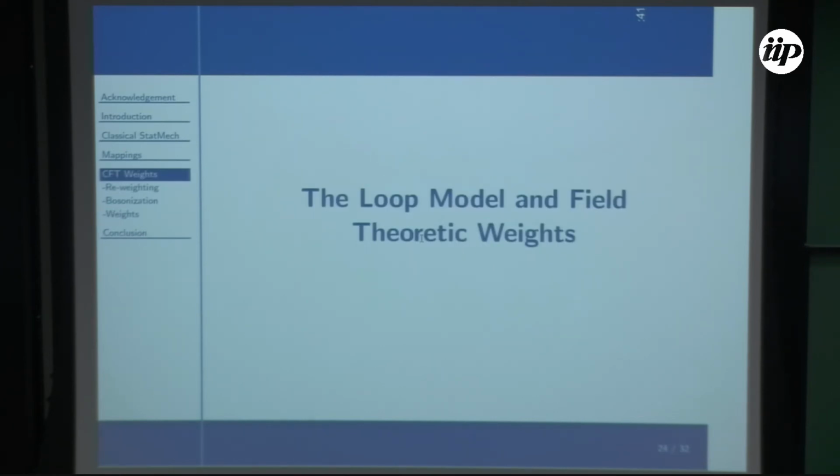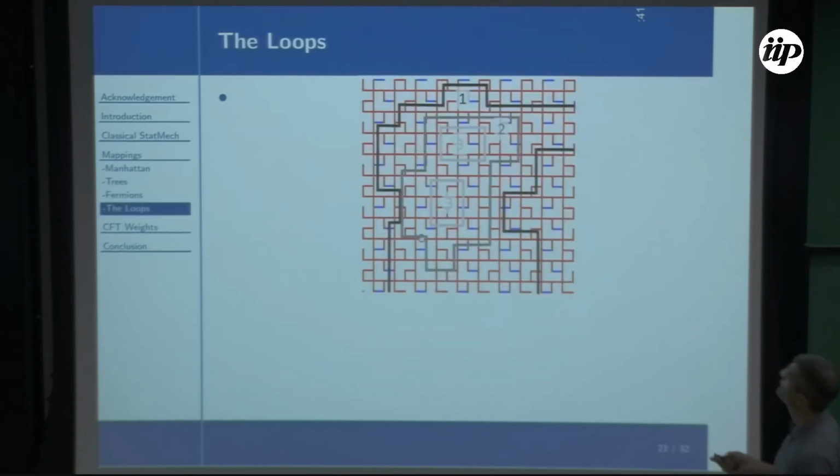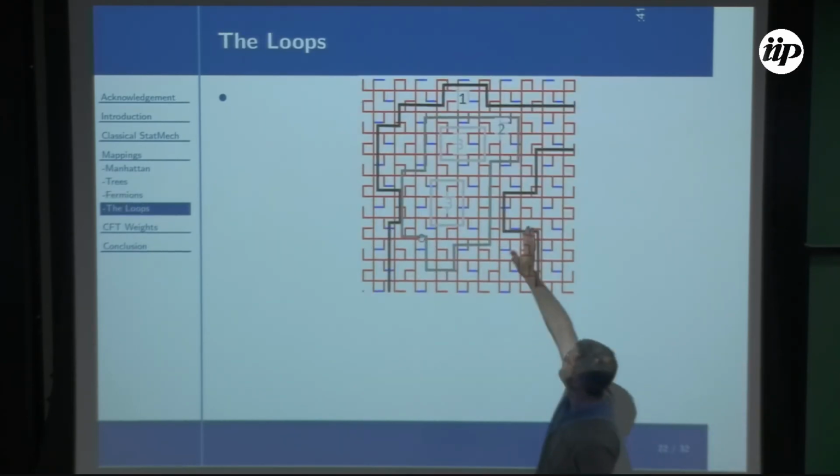And let's think briefly about what we have here, which is this loop model. The idea is that we have loops, and each loop is populated with the matter field. That's a physics way to say it.